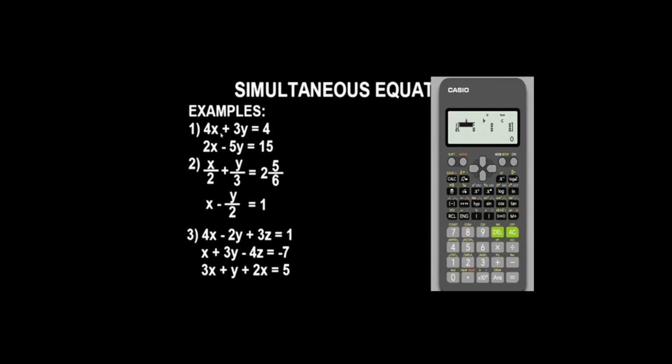Coefficient of 4x here is 4. Coefficient is the value behind an unknown or a variable. Okay, so we are going to input 4 here. 4 is equal to. Coefficient of 3y is what? 3. Alright, okay, then put the constant as c. Constant is 4. Remember, solving question 1.